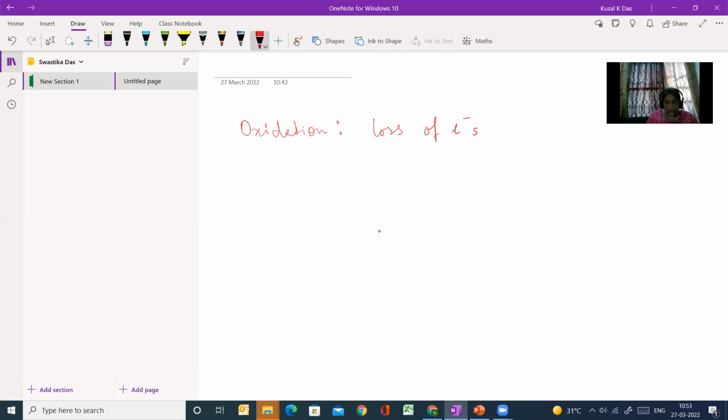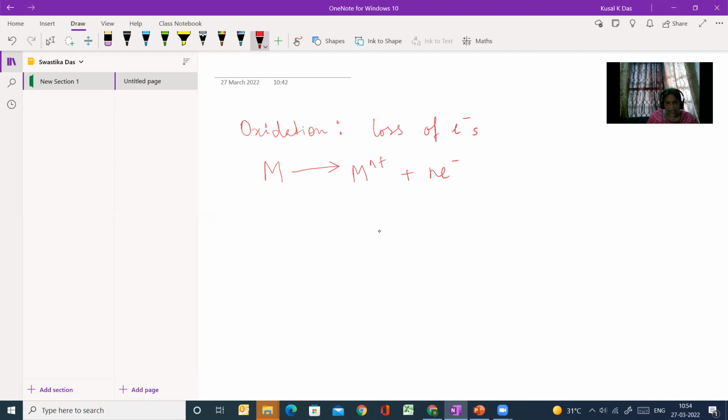Now, if you represent a metal as M, for example, simple thing, M for metal, okay? So any metal, when it loses electrons, gets converted into positively charged ions, and electrons are liberated.